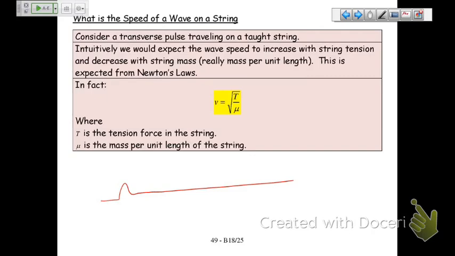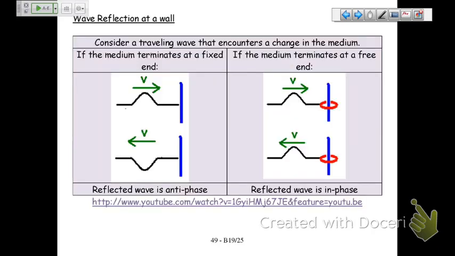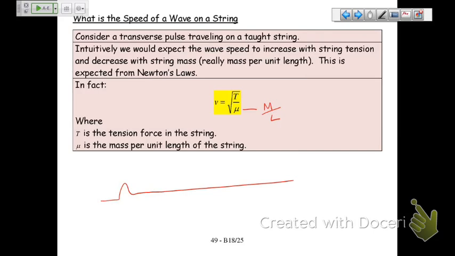This is expected from Newton's laws. In fact, v equals the square root of T over mu, where mu is the mass per unit length. It's not linearly related, it's square-root related. And that's kind of brought out of a hat. You'll do it in lab. I'd like you to know it, but you do it in lab. Problem? No, okay, cool.